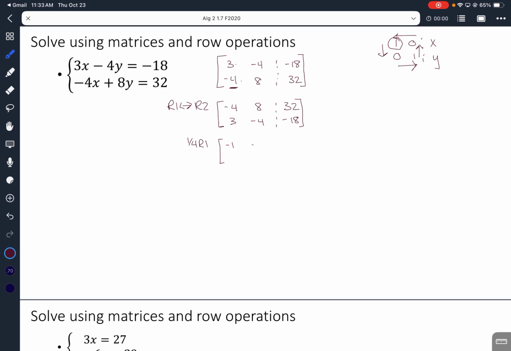I could have done it with what I had, the 3 and the 4, but I want to show you, can I make my numbers smaller? Yeah. So when I have big numbers, sometimes it's worth my time to make them smaller. Okay? So then I want that 3 gone. So now I just have to take 3R1 plus R2. Instead of having to multiply both rows, I only have to multiply one row now. That's a plus.